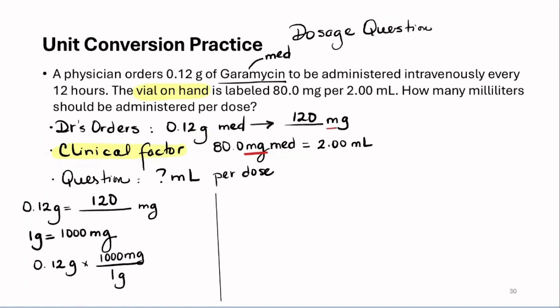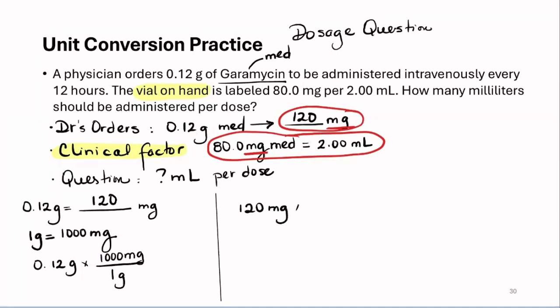Now that we have a match in terms of our clinical factor and our doctor's orders, we can start setting up to solve for the milliliters that need to be administered. So the first thing that we write down is the doctor's orders, 120 milligrams.